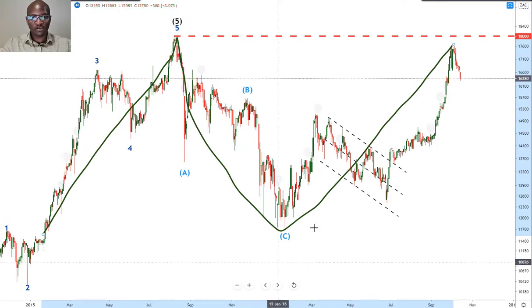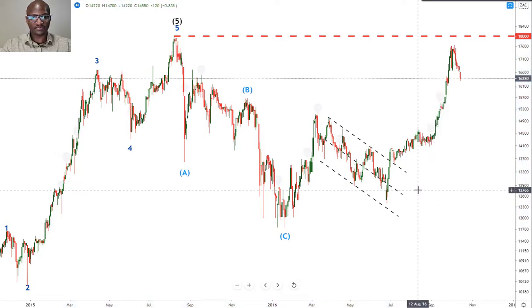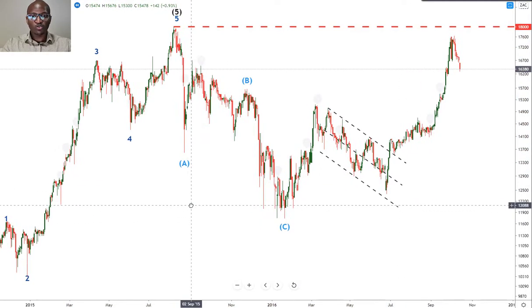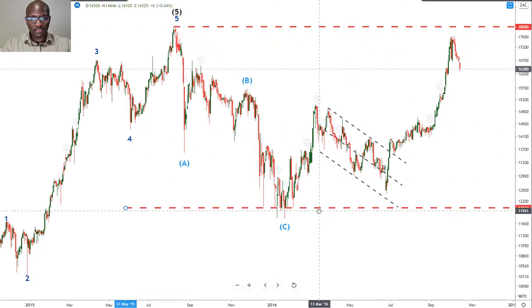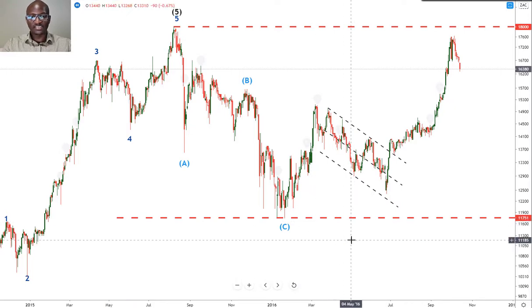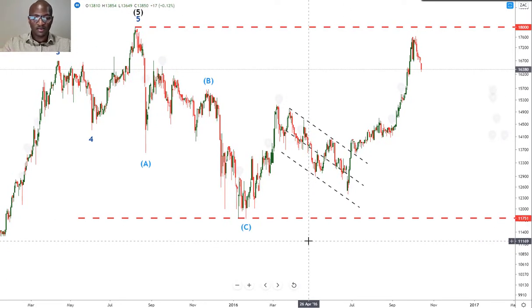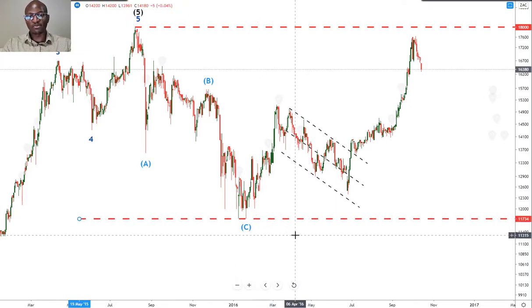But we can see here we have what looks like a double top, which is a major reversal pattern. So what would confirm this as a double top is price breaking below this neckline here around 117. But we can't preempt it. It will be confirmed once price breaks below here.